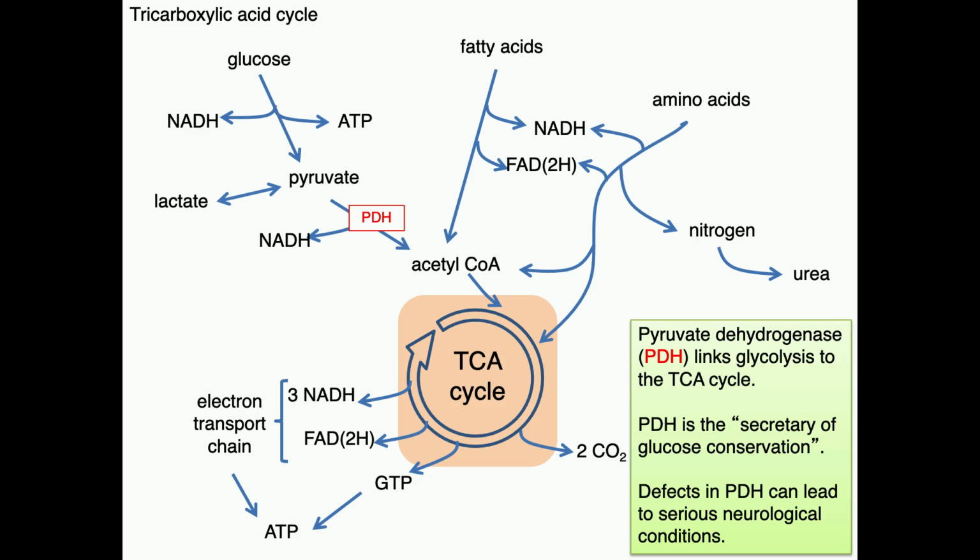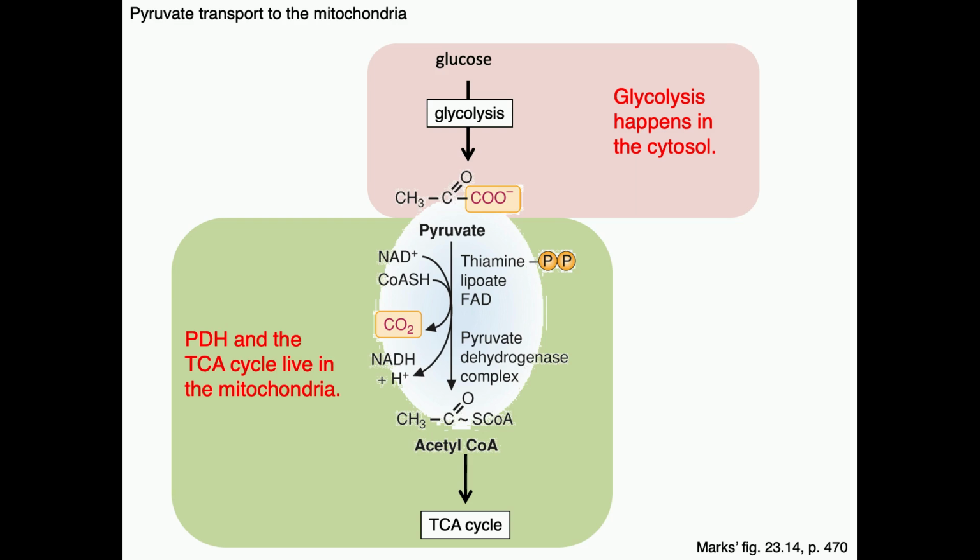So when PDH is on, the cell is going to be preferentially using carbohydrate. When PDH is shut off, then the cell is going to be switching over into fatty acid catabolism, fatty acid beta oxidation, or amino acid catabolism. Okay, so the fatty acid catabolism is also regulated by CPT1 activity, but these are going to be regulated in a coordinate fashion.